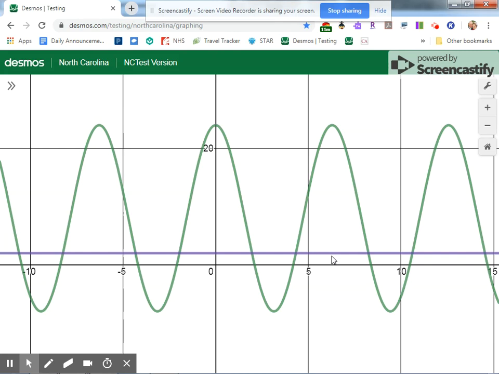Now, the reason why I bring that up is because we're getting ready to do an exercise that jumbles up the different types of trig equations that we have been solving, but some of them we can't solve yet.